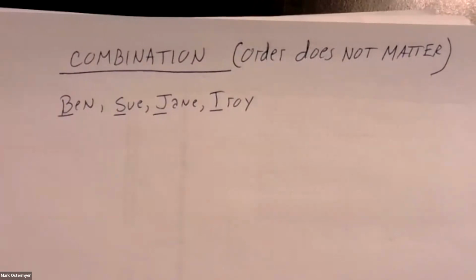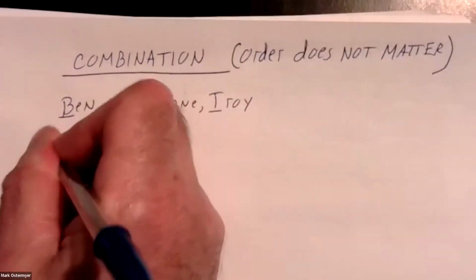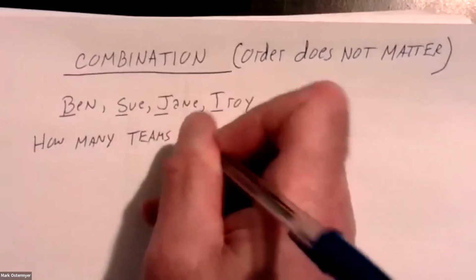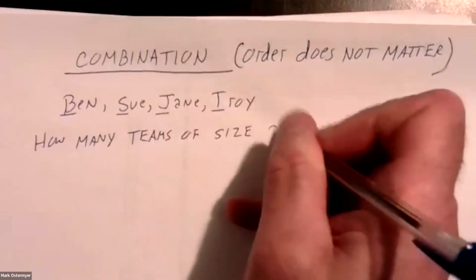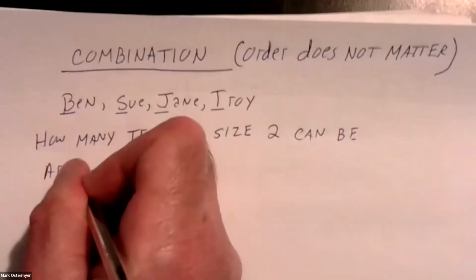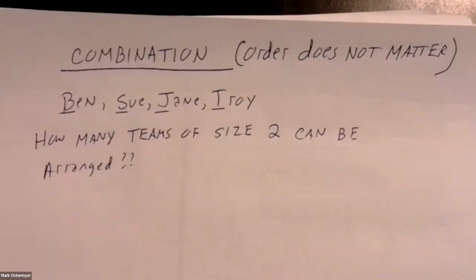And from these 4 people, suppose, ladies and gentlemen, I want to determine how many teams of size 2 can be arranged. Suppose maybe we're going to have a volleyball tournament. How many different ways can I choose teams of size 2? Or maybe it's like a doubles tennis match or something, okay?